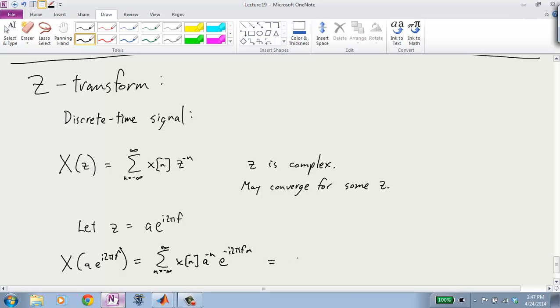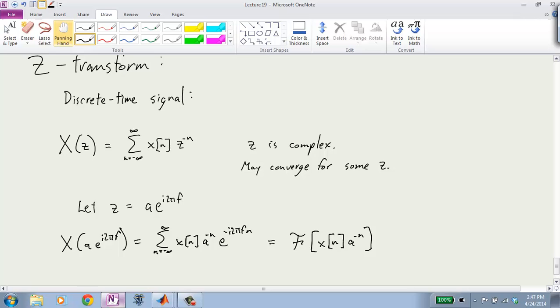And that is the Fourier transform of x[n] times a to the negative n. Okay, so we see again that this is just a generalization of the Fourier transform, where we've just multiplied by an exponential term and taken a Fourier transform. So really, it's the same thing.